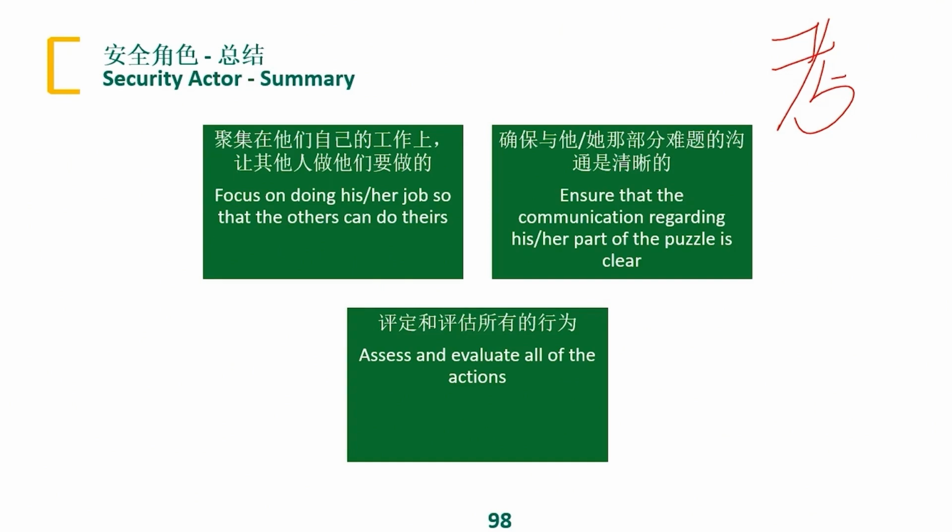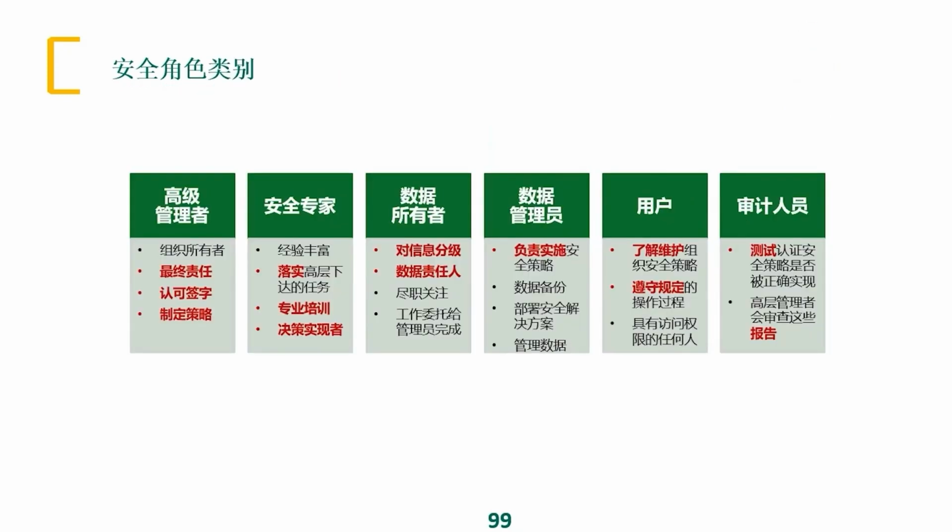For example, senior management. We understand it as the CEO. What is the main responsibility of the CEO? First, he has to formulate strategies and set the tone for security strategy. Second, he has to release the strategy. Why? He bears the ultimate responsibility, because ultimately the legal responsibility or the social responsibility is the CEO's.